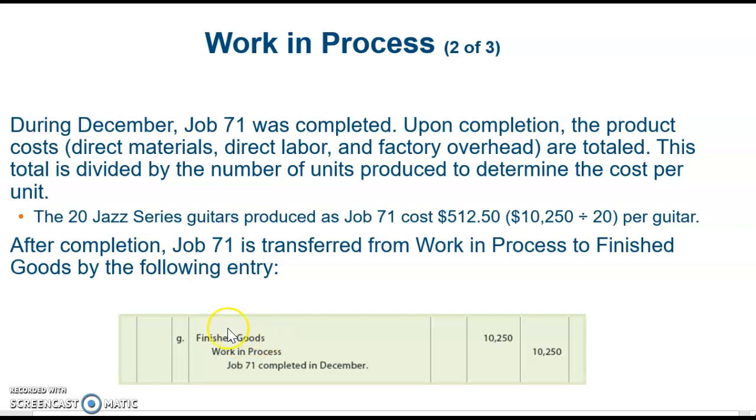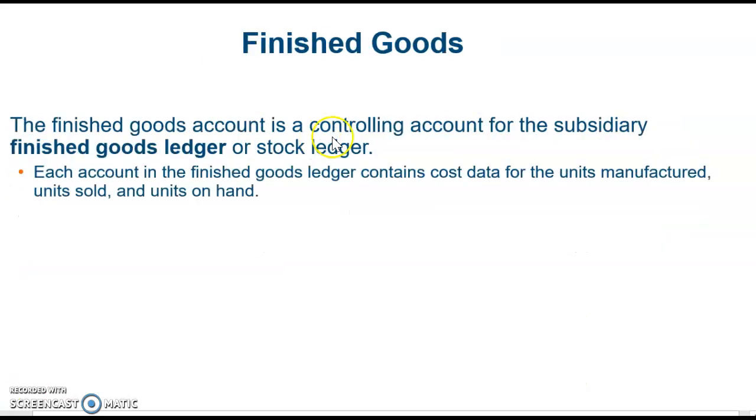So we increased our finished goods and we decreased our WIP because those have been completed. So this is the journal entry that you record when the job is completed and it's no longer in work in process. We need to put it in finished goods.